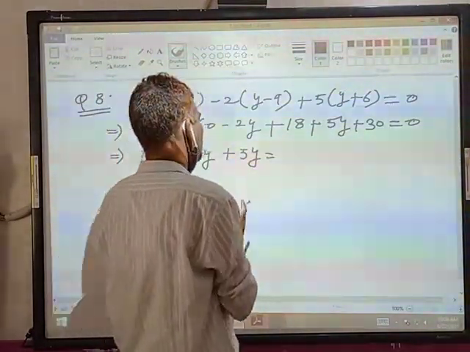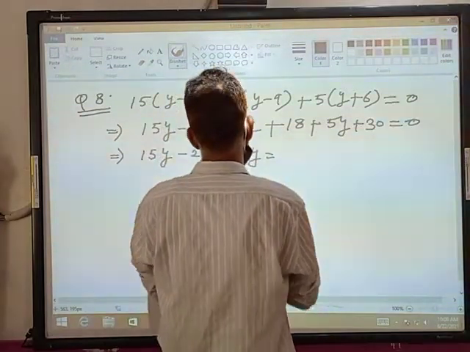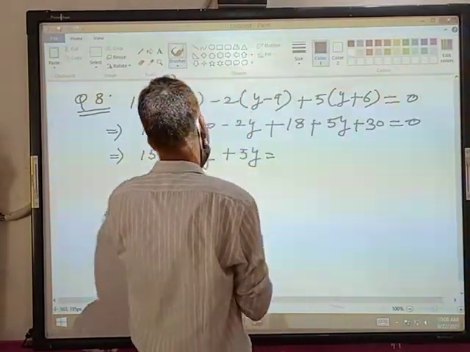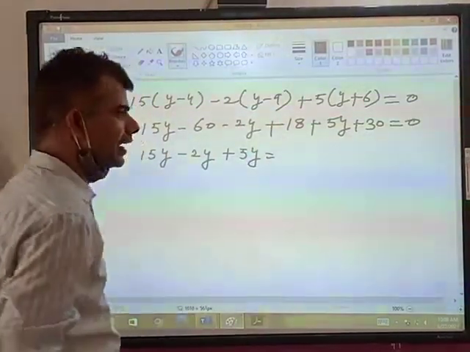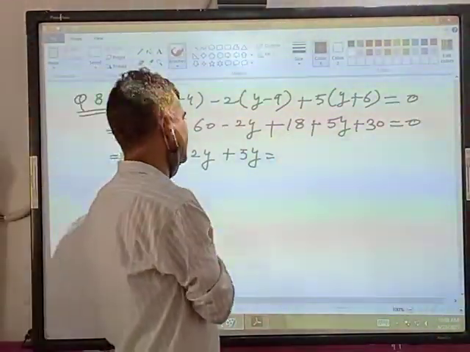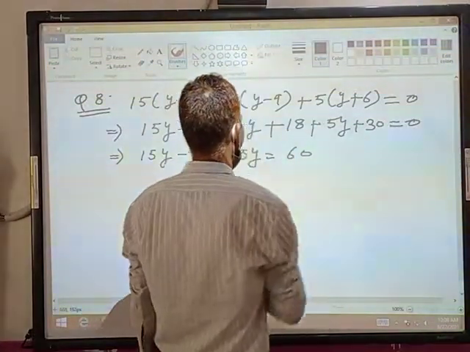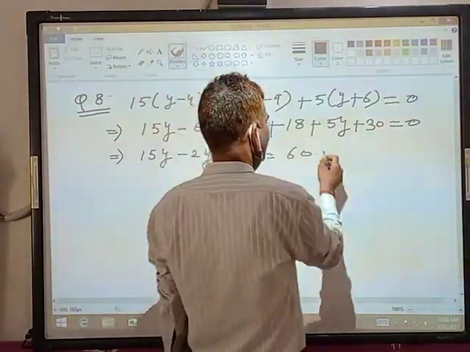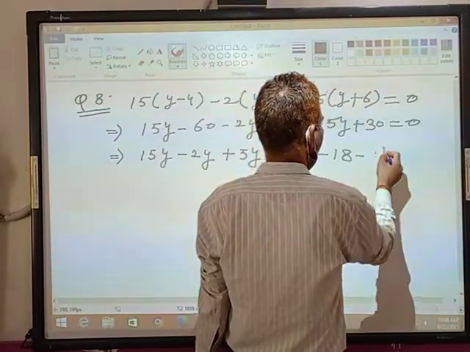Student, keep the constant term on the right hand side. Minus 60 transfers from the left hand side to the right hand side, so minus sign changes into plus sign. That is plus 60, minus 18, minus 30.